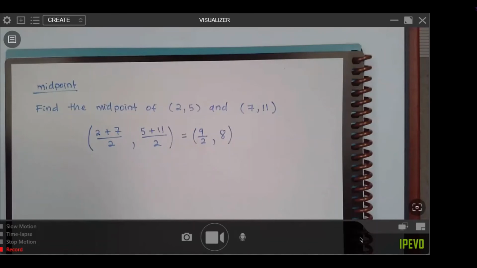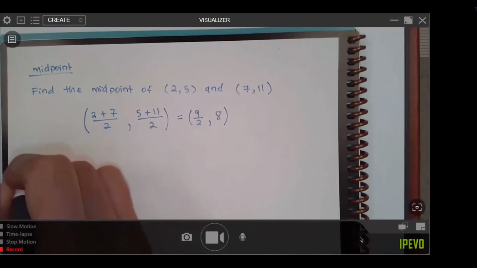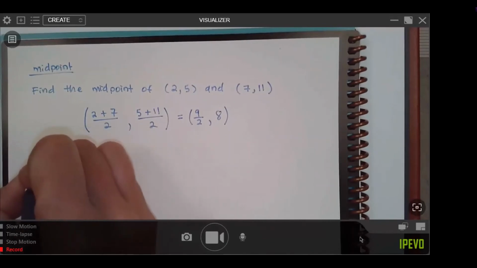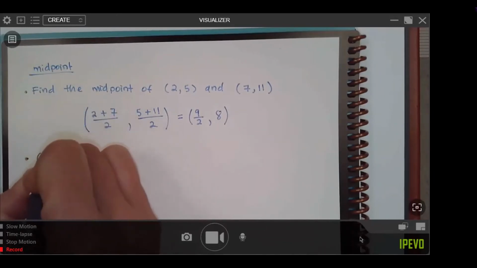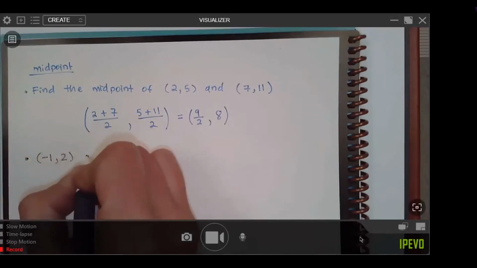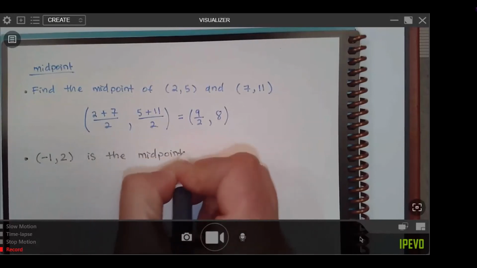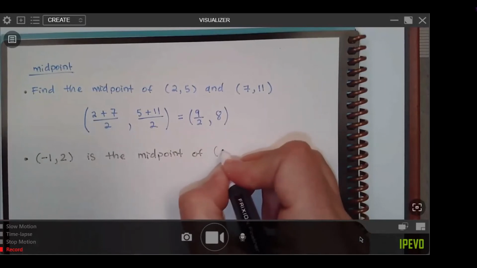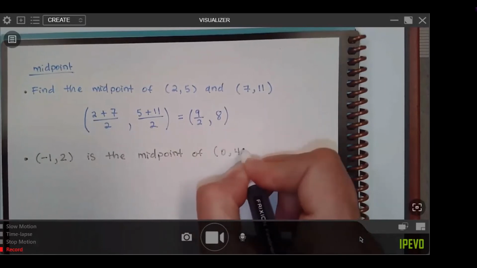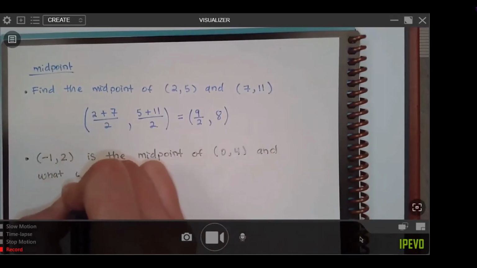So maybe it might say something like, -1, 2 is the midpoint of 0, 4, and what other point?